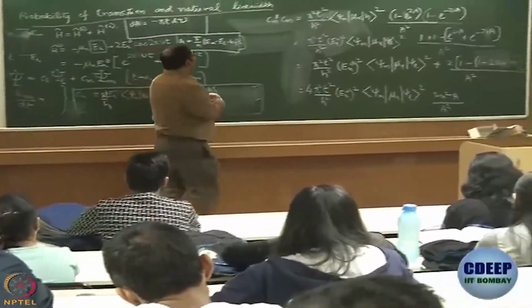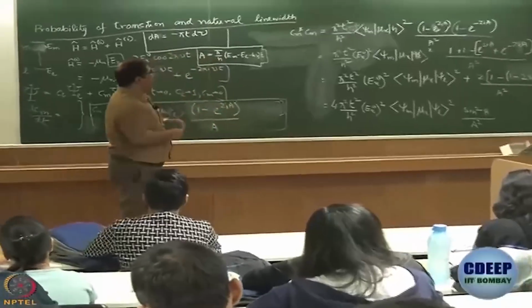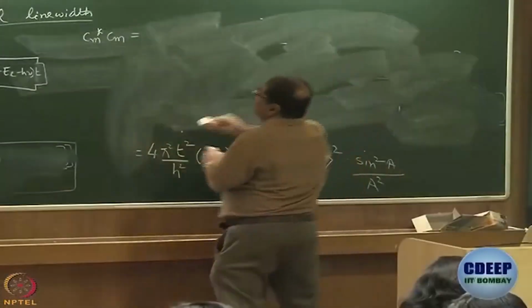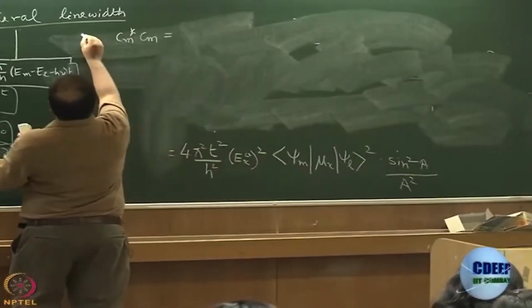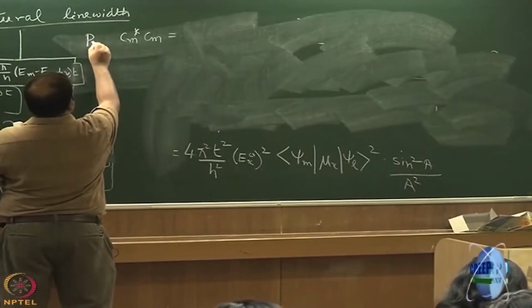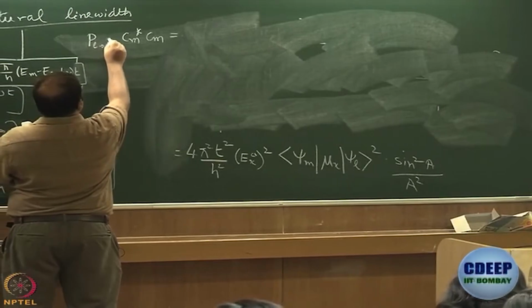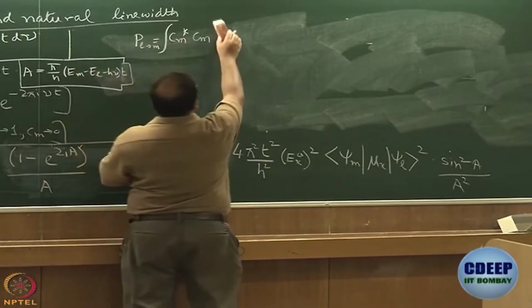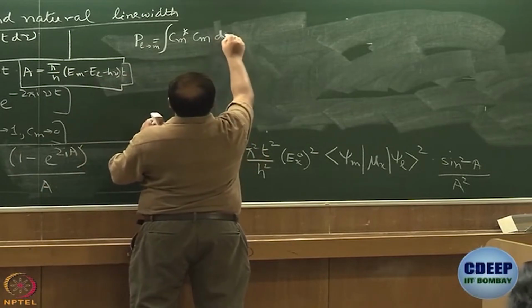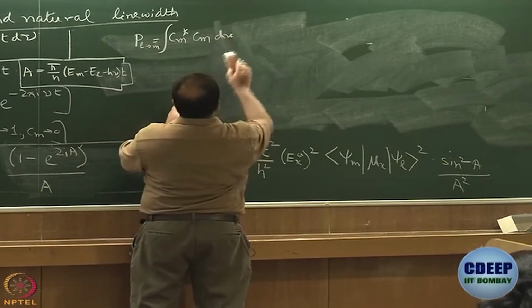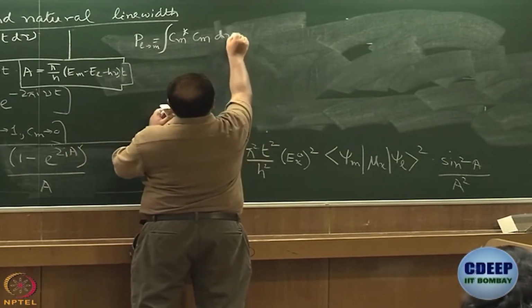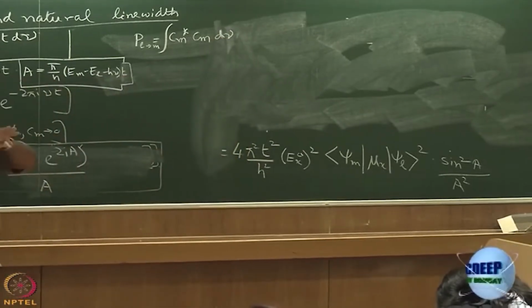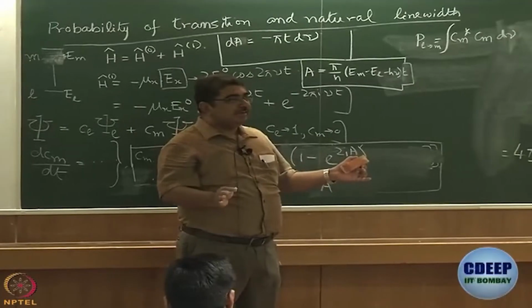Great. Now I am going to need this. What we want to talk about then, let me define this probability of transition. I will write it as P L to M as integral Cm star Cm d nu. That is the probability integrated over the band.